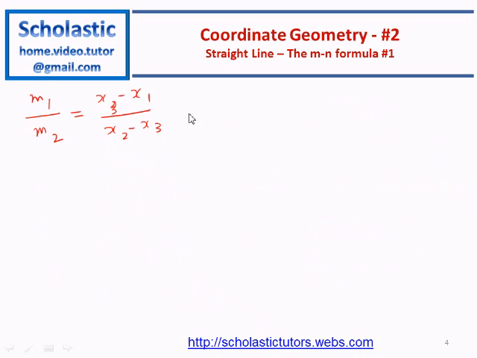Okay, so you have this one, and then you simplify this one by cross multiplying. M1 times x2 minus M1 times x3 equal to M2 times x3 minus M2 times x1.